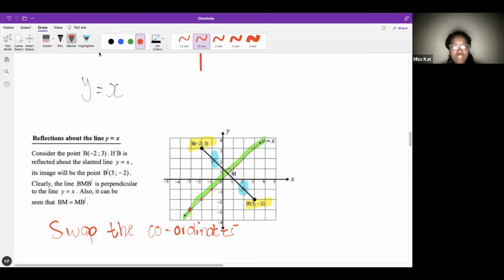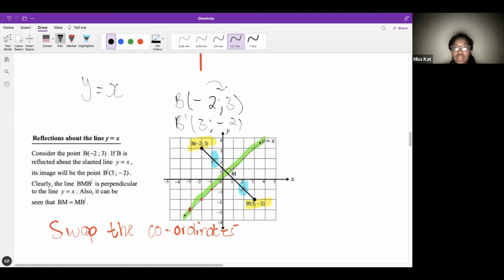For those who might not have seen it, look carefully. B, the original point, was (-2, 3). And then B prime was (3, -2). That means they swapped. Are you with me, guys? Are we good?